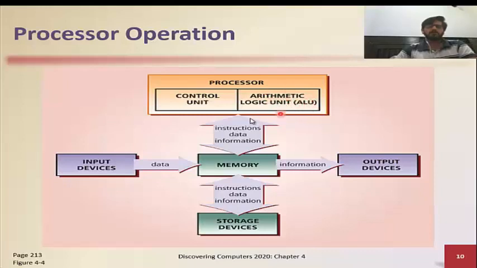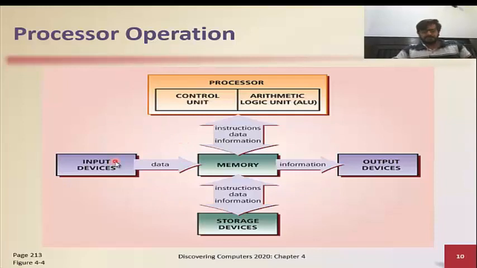The ALU, the arithmetic logical unit, calculates the result and sends it back to the CU, and then the CU sends the result back to the memory, and now the memory is connected with the output. It's up to us, it may display at the output device, it may be stored in your permanent storage. That flow of information, that overall cycle, is called the processor operation.